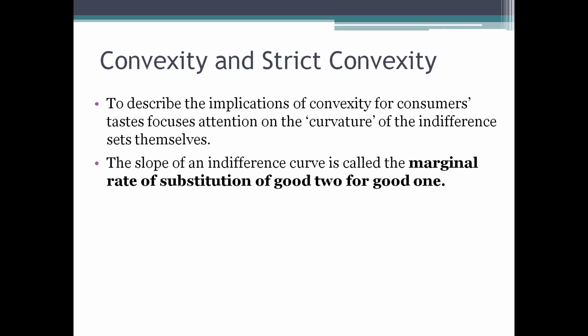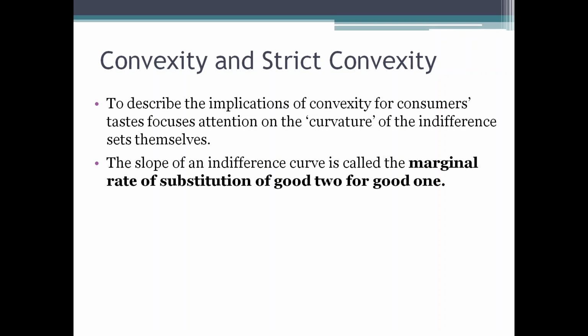Moving from one point to another along an indifference curve shows me the trade-off between the two commodities. If I increase my consumption of the x-axis commodity, I have to reduce my consumption of the y-axis commodity, and so on. So there is a trade-off. You cannot move along the indifference curve and increase both commodities together.